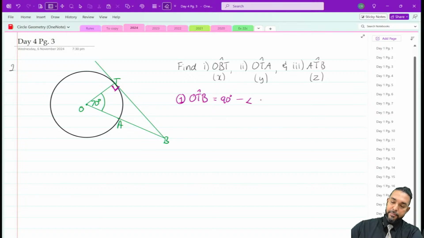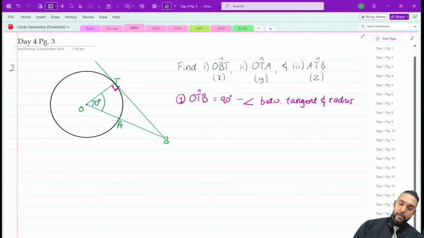And this is the angle between tangent and radius. Right, this is a shorthand for angle. I know it looks like a less than sign, but the bottom piece runs flat on the line, right?